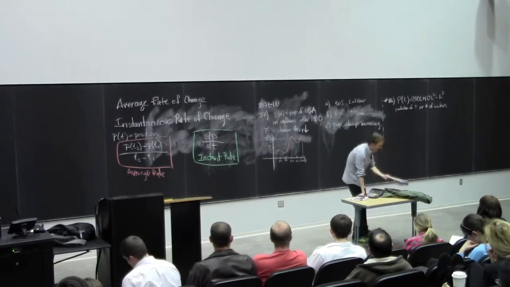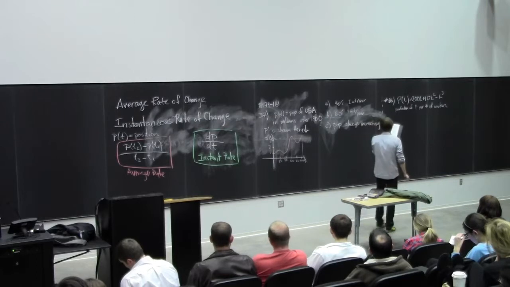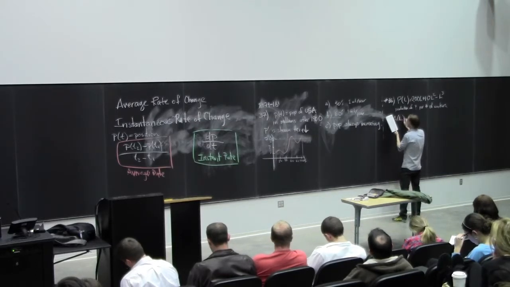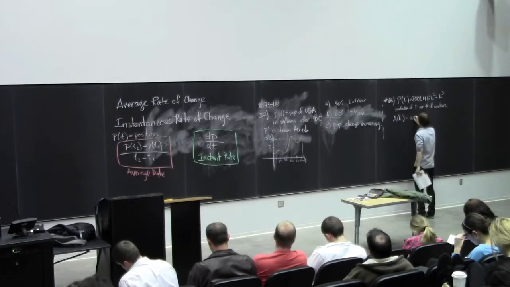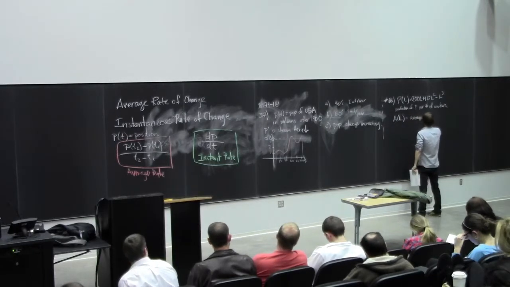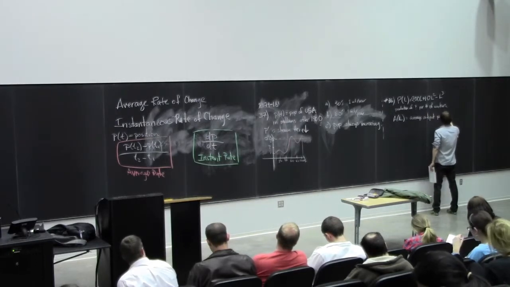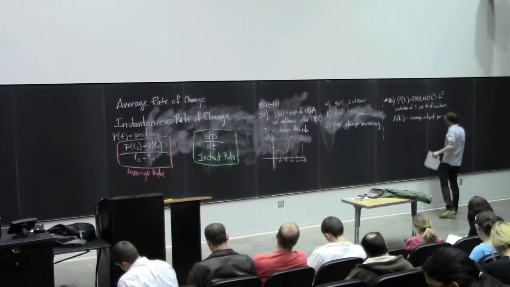Okay, so we have the average product. The AP, A of L, equals the average output per worker. Okay, great.